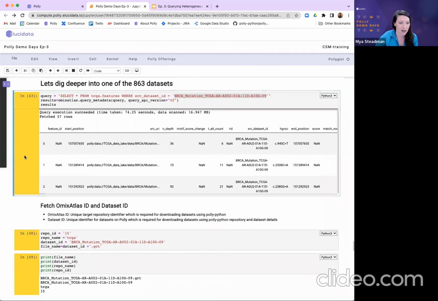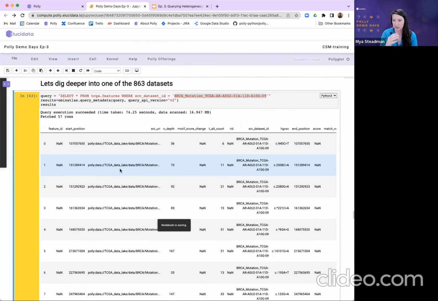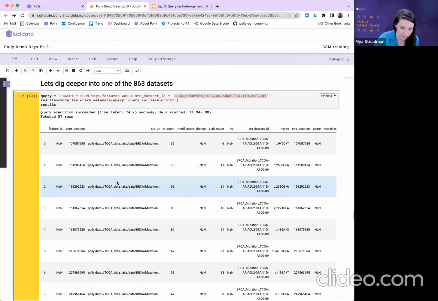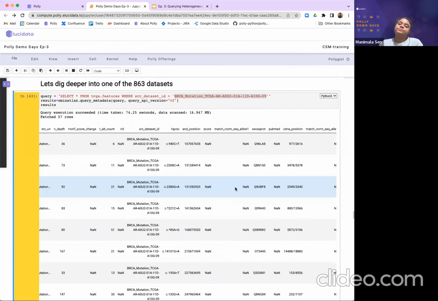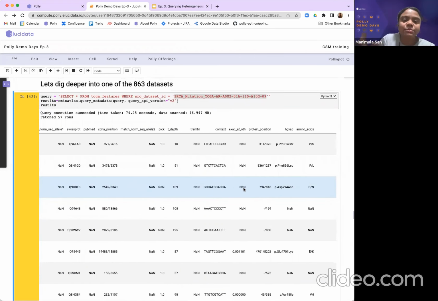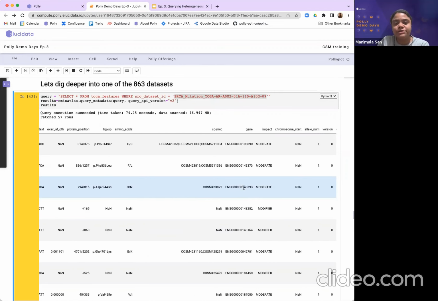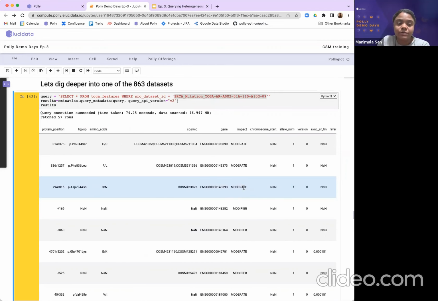So here it is. Here we're looking at the feature level, and this is what you were talking about. On TCGA, it's very unique because there's so much metadata on that feature level, right? Essentially what you see in this table is something called a MAF table on TCGA, and it gives you the information on the variant per se.